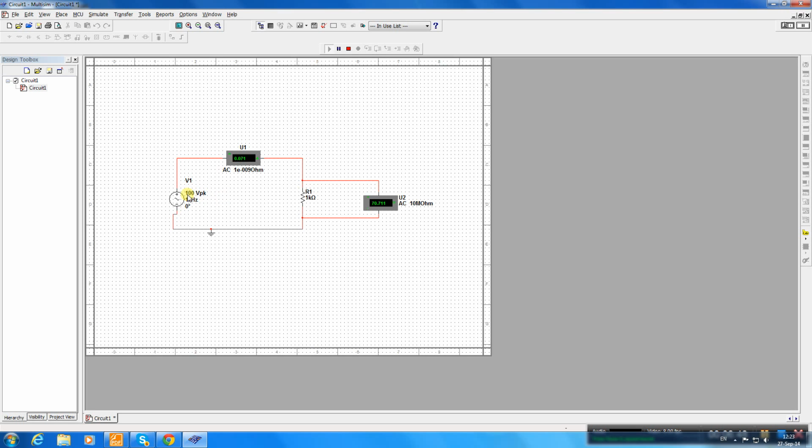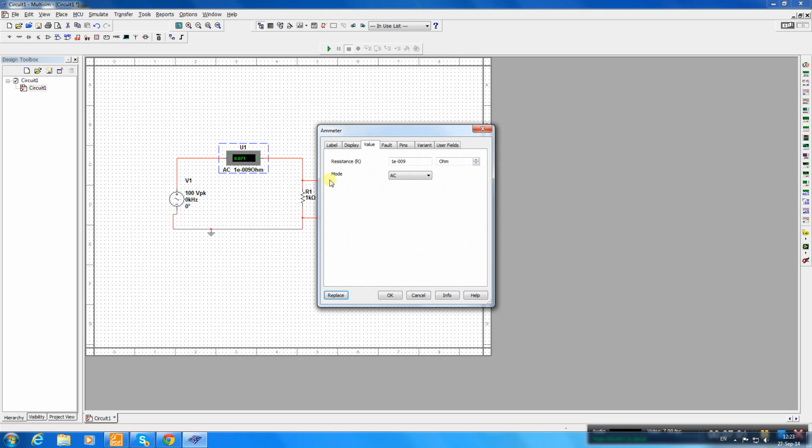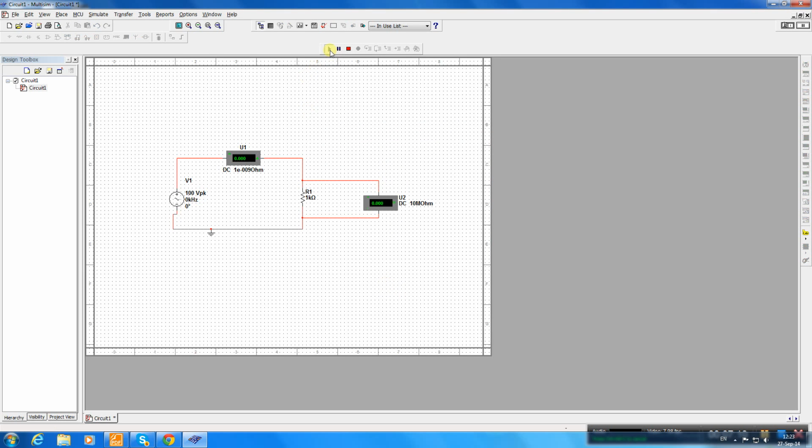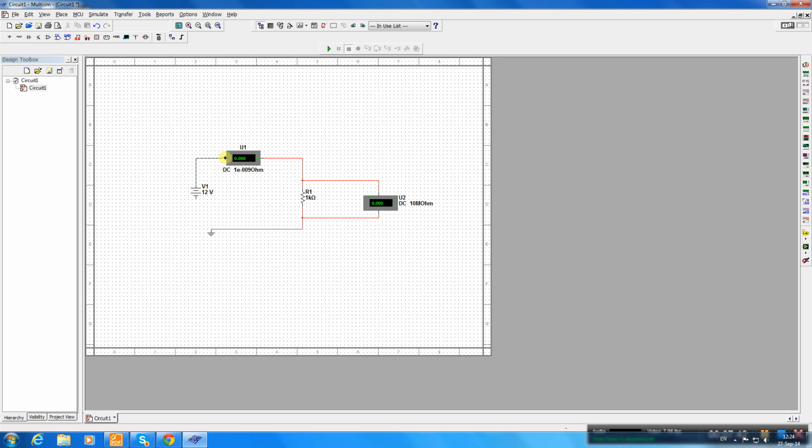If we were talking about DC, sources, signal voltage, we are talking about DC, the voltage and current will be different.